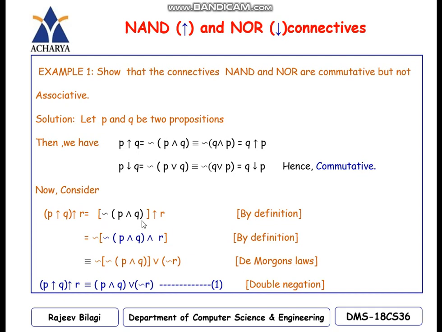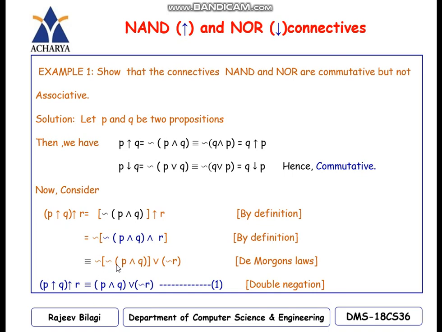Then NAND R: applying the definition again to this entire part and R, we get negation of (negation of (P and Q) and R).